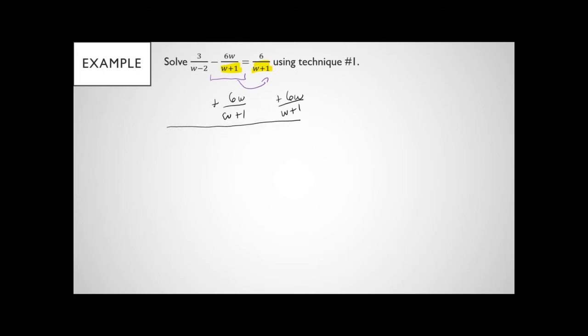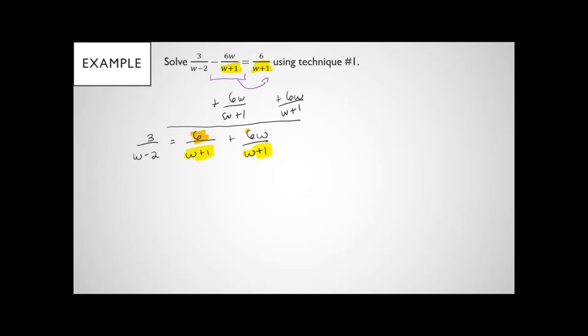So when you do that, you end up with 3 over w minus 2 equals, I have my 6 over w plus 1 plus 6w over w plus 1. So now I've just moved it to the other side. Now if you have a common denominator like we do here, you can combine them by adding the tops of the fractions.